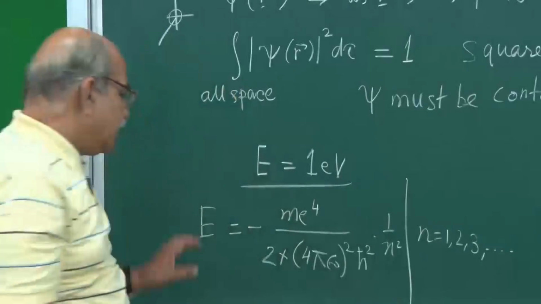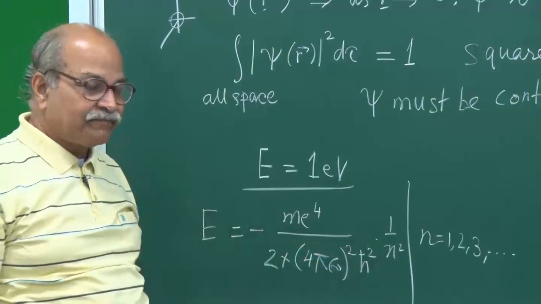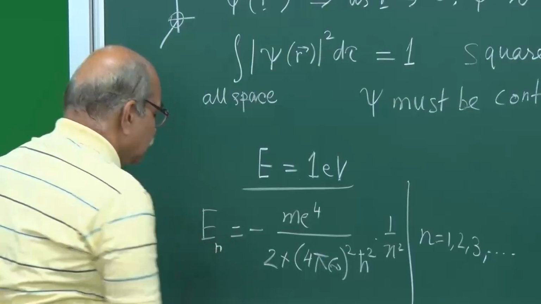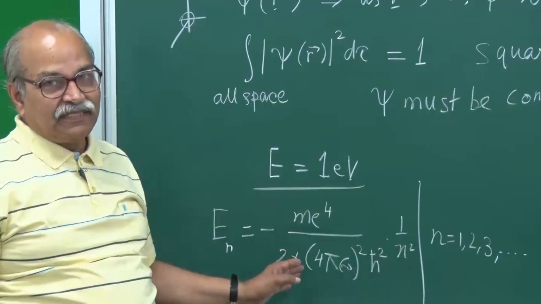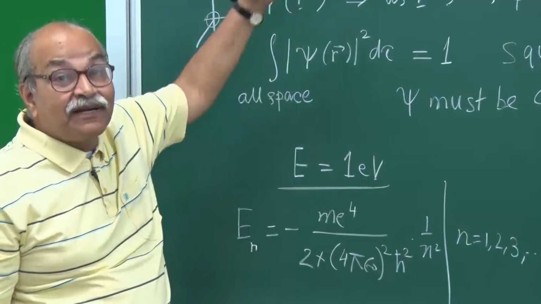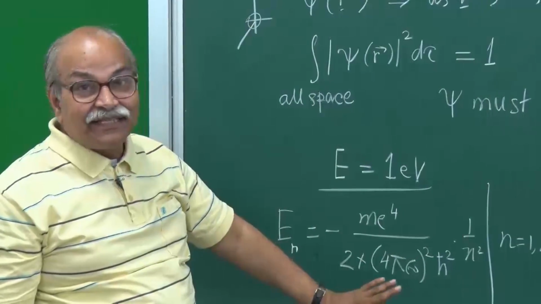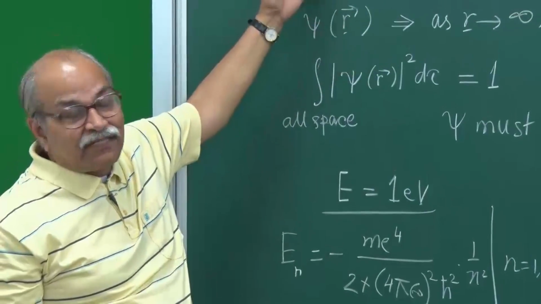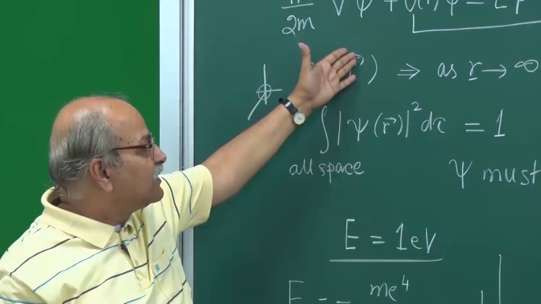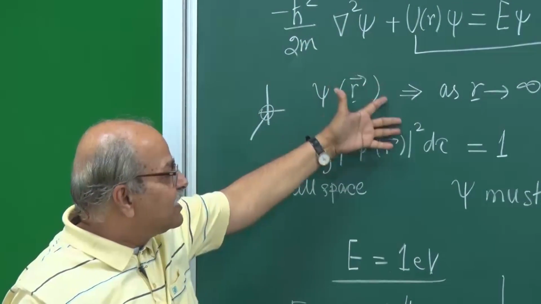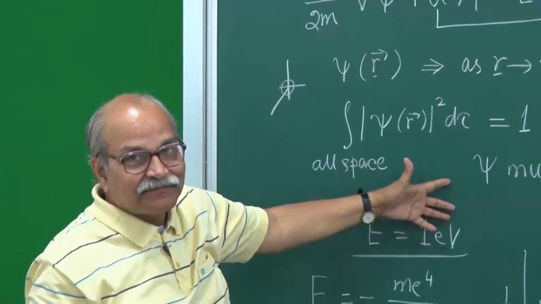Only for these values of energy, which you write as E_n, there are functional forms psi, and if you put anything else, you do not have functional forms psi which satisfy the equation as well as these conditions on psi.